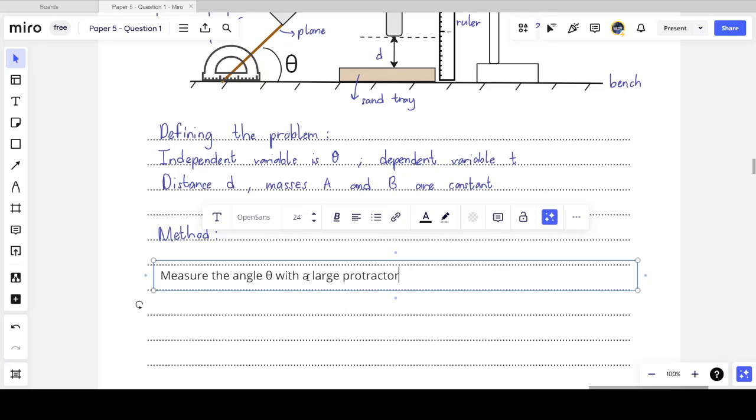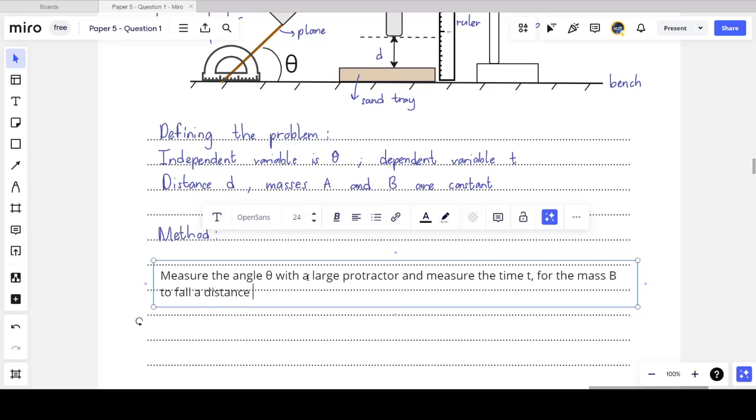I should start by saying, set up the apparatus as shown in the diagram, which is a good way to start before you even take any measurements. And measure the time t for mass B, or you can say for the cylinder, to fall a distance d into the sand tray or sand box. And what I'm going to use to measure this is a stopwatch.